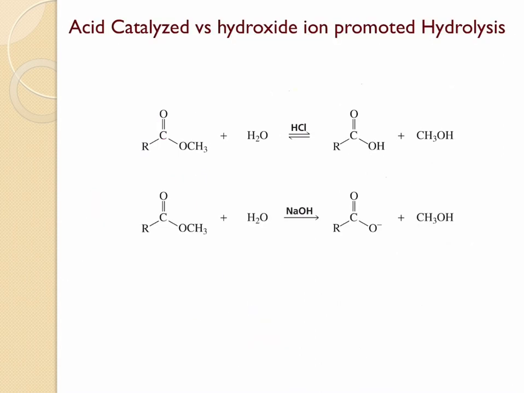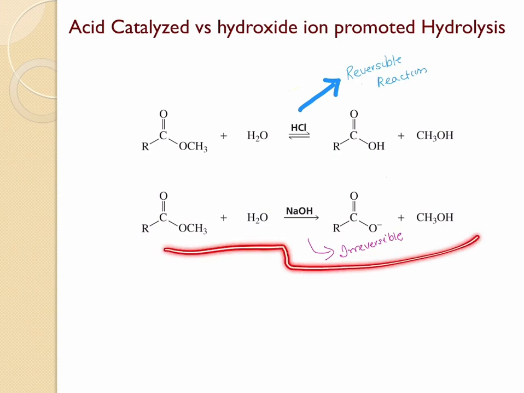The main difference between acid catalyzed and hydroxide ion promoted hydrolysis of an ester is that the acid catalyzed reaction is a reversible reaction. So this reaction right here is a reversible reaction, whereas the hydroxide ion promoted reaction is an irreversible reaction. So this particular reaction cannot be called a base catalyzed reaction.